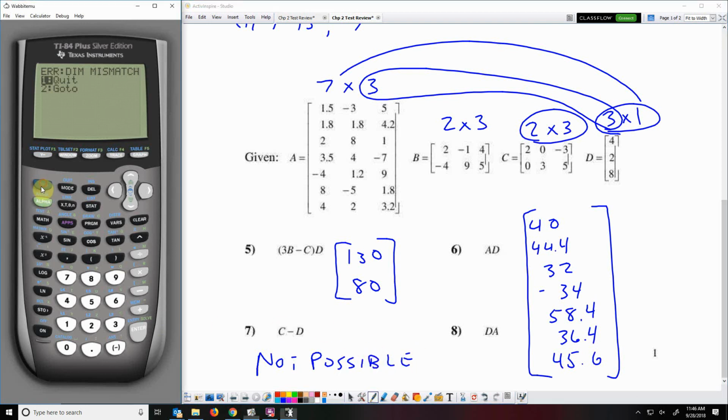And then D times A, second matrix 4, second matrix 1. Also a dimension mismatch, which makes sense because if I was to turn these around, I've got a 3 by 1 times a 7 by 3, and for multiplication those inner dimensions have to match, and they don't. This one is also not possible.